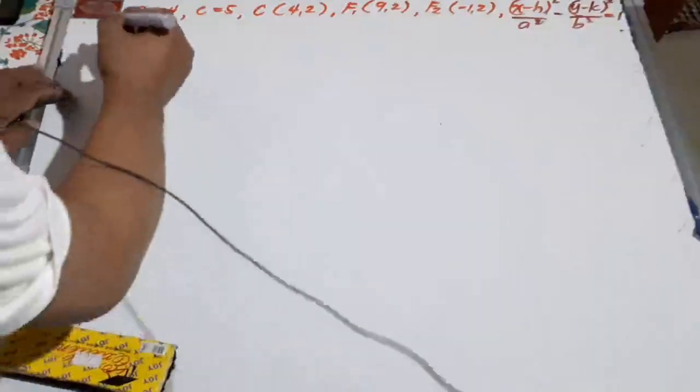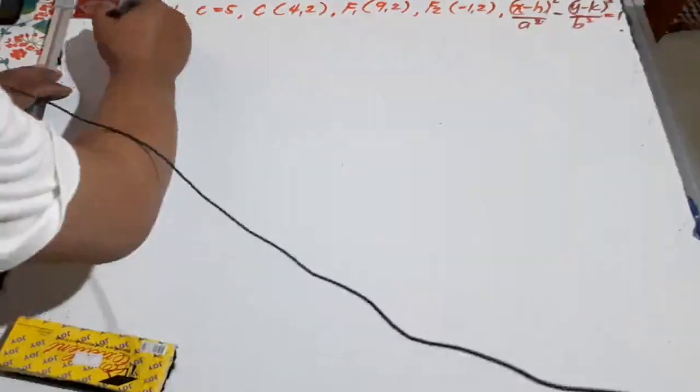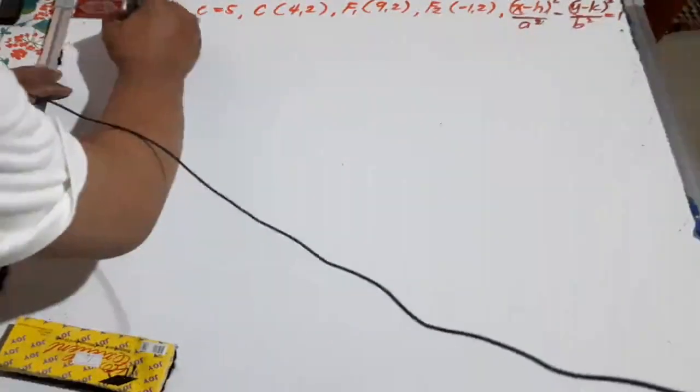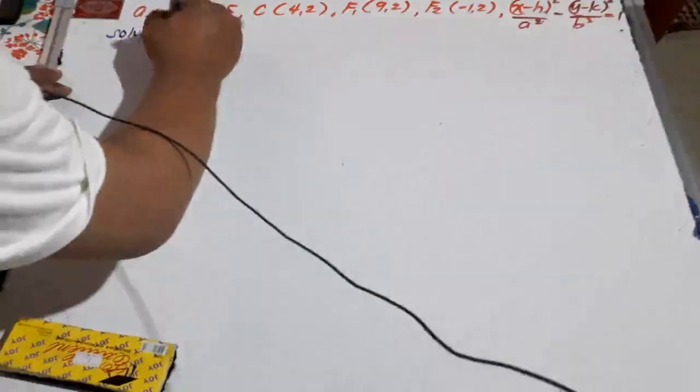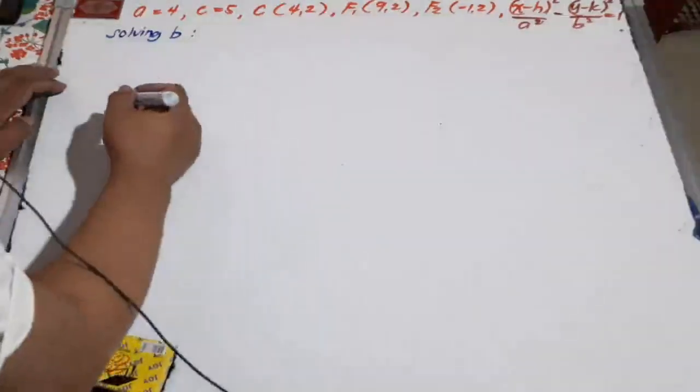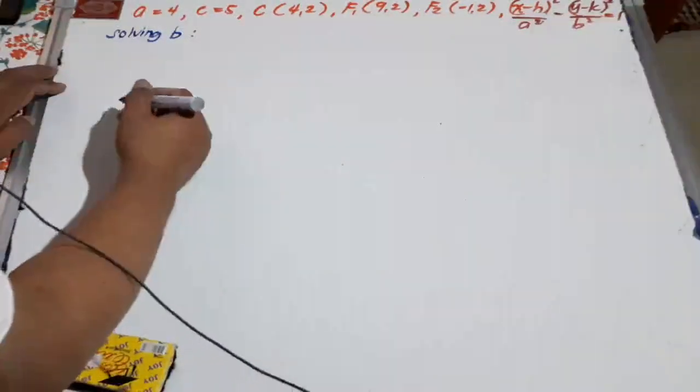Okay? So, ang kailangan na lang nating ma-solve ay si B para makuha natin yung equation ng hyperbola. So, we're going to solve the value of B. Okay? Solving B. Yun na lang kailangan natin para ma-solve yung equation ng ating hyperbola.